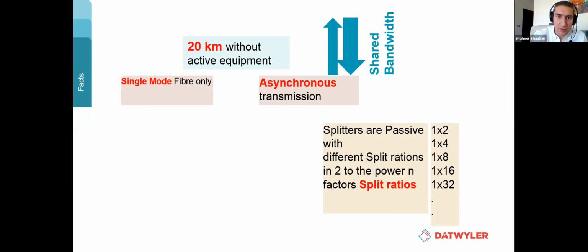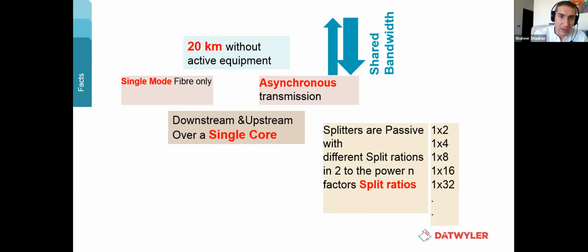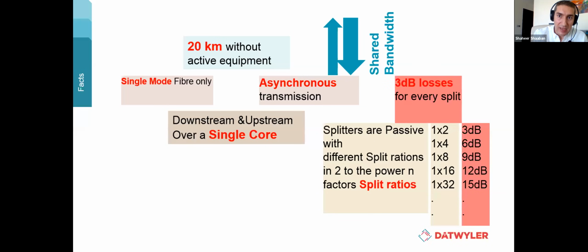It's a shared bandwidth, as we said, so the bandwidth to a splitter is shared by all the users. We have single core wave division multiplexing, with downstream and upstream running at the same time on a single core.